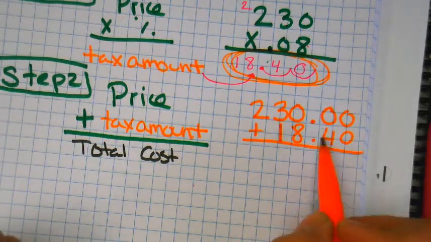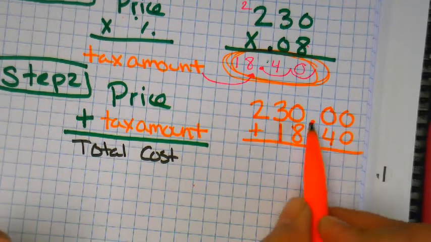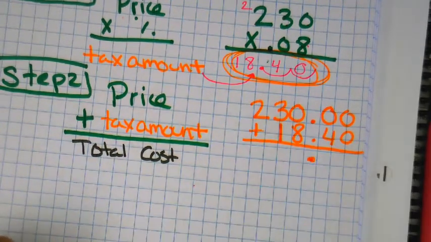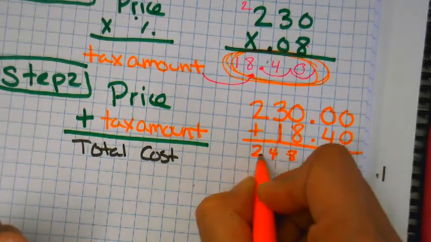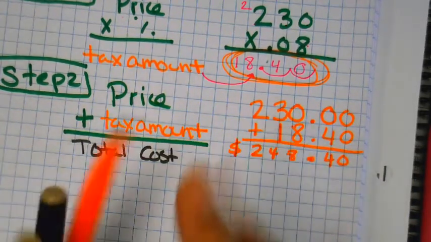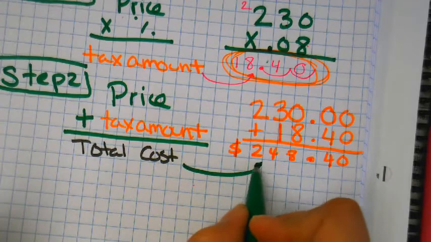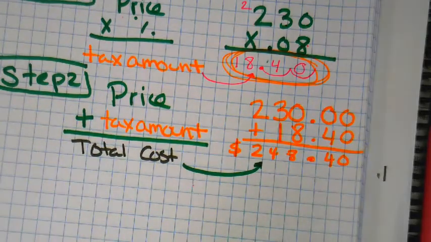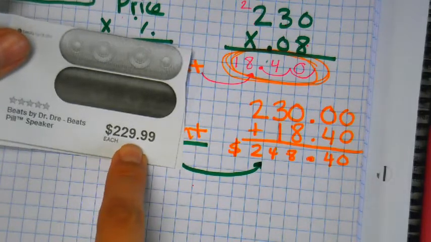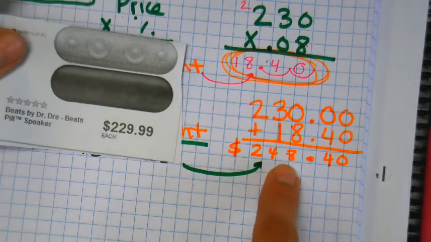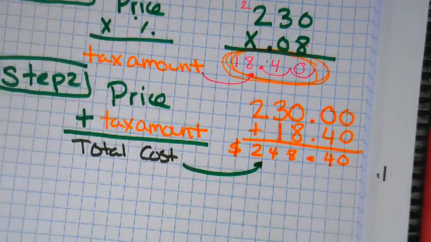They're nicely lined up. So instead of just paying $230, I'm going to pay a total of $248.40 because of taxes.